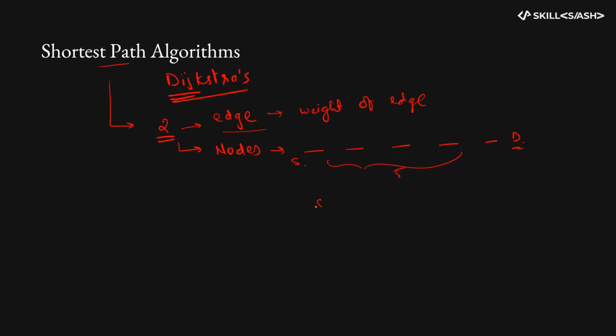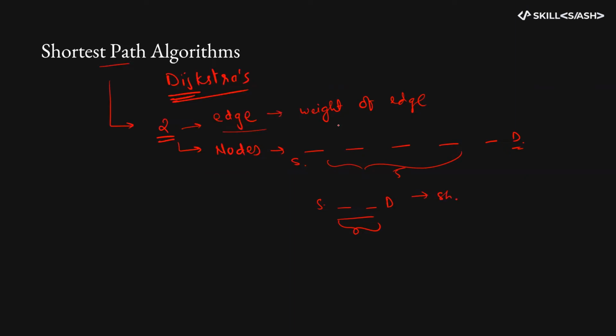The path which is shortest can be based on two parameters: one is based on the edge, meaning the weight of the edge, and another is based on the nodes, meaning how many nodes you pass in between to reach the destination from the source. If you have a path from source to destination with just 2 nodes, then this is the shortest path.